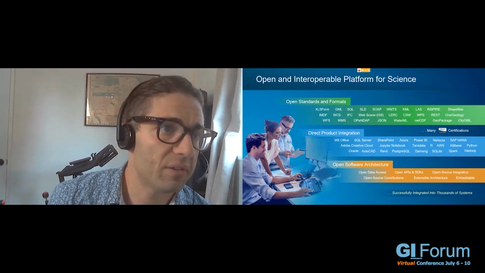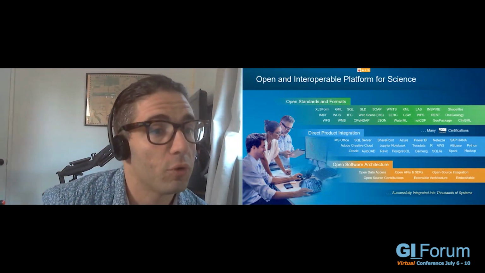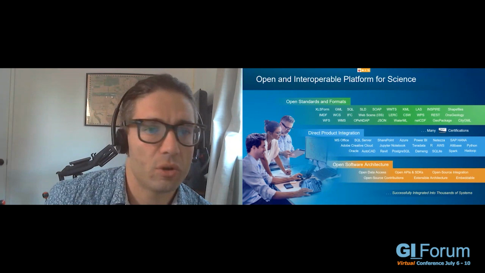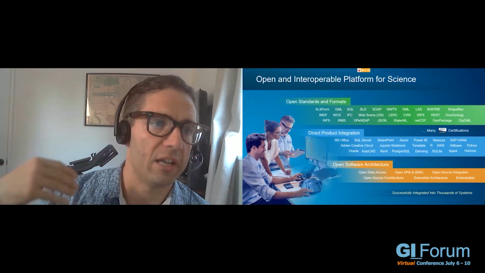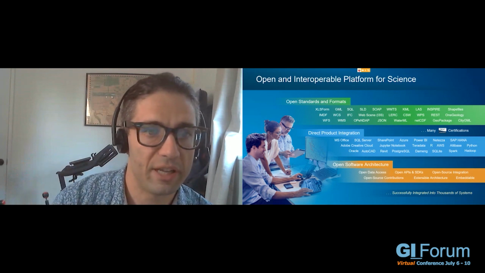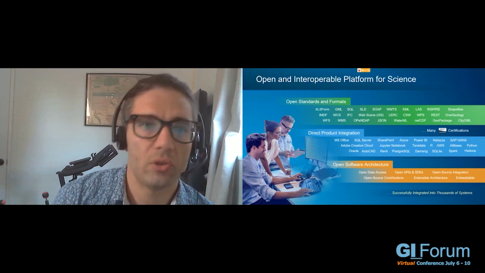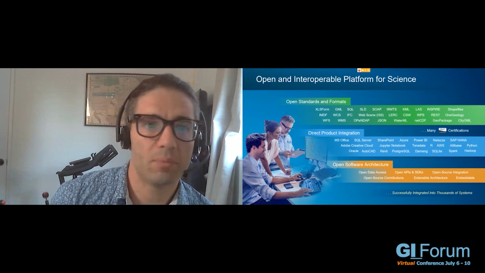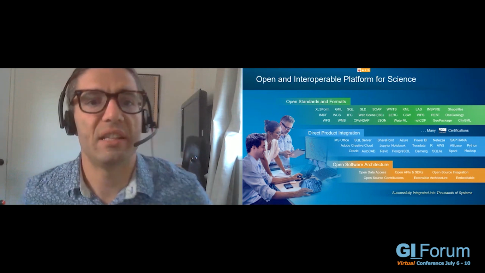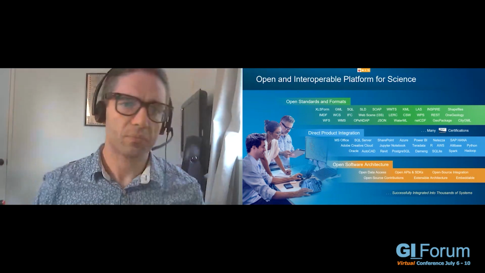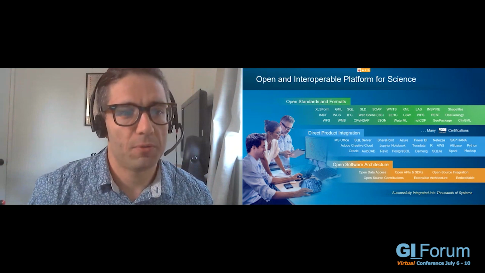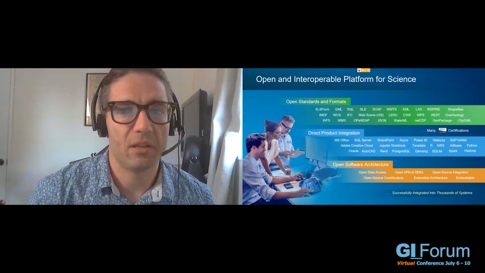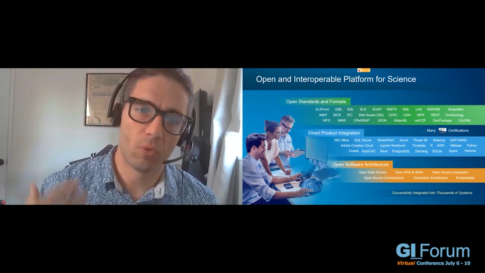So when we talk about an open and interoperable platform for data science, we basically talk about platforms and architectures where we can leverage different standards for data. Examples of which you can see there, such as OpenDAP, JSON, GeoJSON, NetCDF, so on and so forth. And of course, as I said, a big part of spatial data science comes in leveraging pre-existing work that has been done.